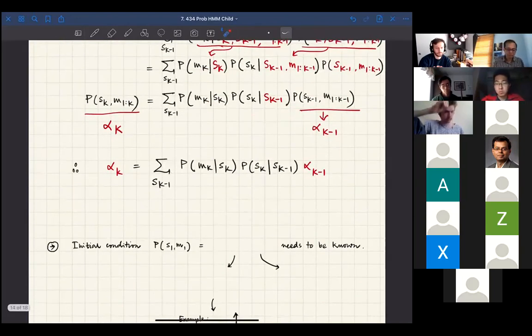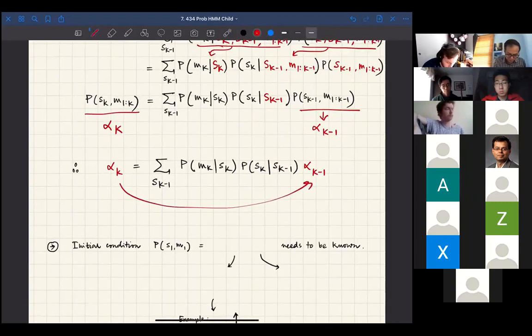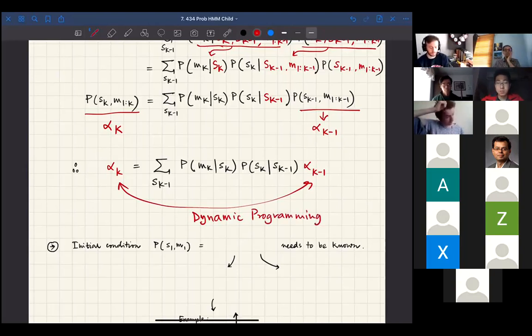Hey, but it turned out that you have this self-similarity. It's a recurrence relation, and therefore you can do dynamic programming. I hope you've seen dynamic programming. If you've not seen dynamic programming, maybe it's still okay. All we are trying to say is once we've computed some part of the state space, we don't have to recompute it.